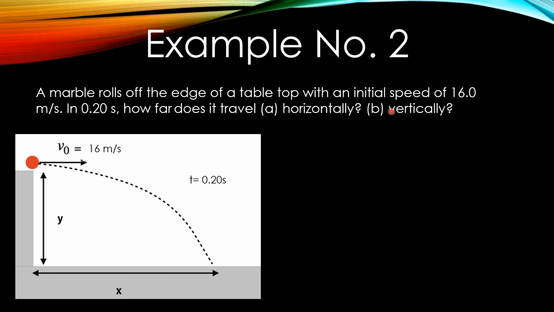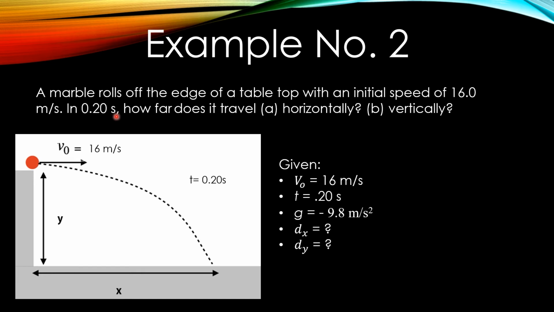Let's visualize the context. Let's identify the given based on the stem of the problem. The initial speed of the marble is 16 meter per second and the given time is 0.20 second.